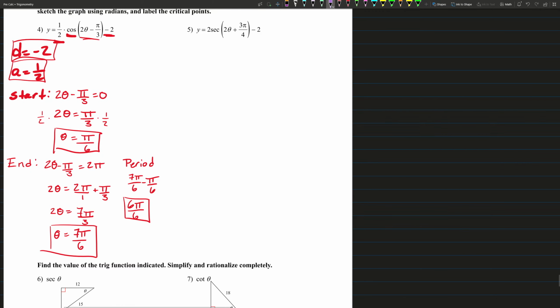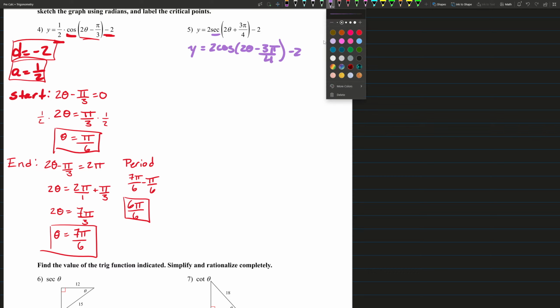Okay, so we have secant, so we're going to look at instead 2 cosine of 2 theta minus 3 pi over 4 minus 2. Okay, so we're going to graph this, and then at the very end, we're going to actually graph the secant portion. Okay, so our amplitude here is 2.